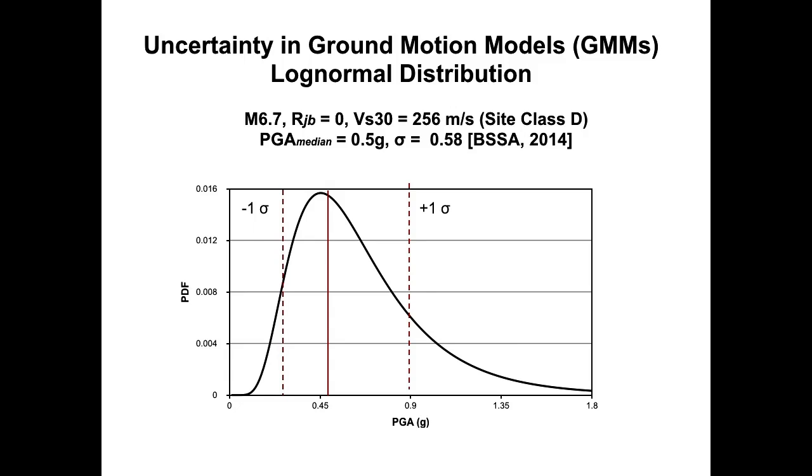Here we see, for a magnitude 6.7 earthquake, a distribution of PGAs, and it might have a mean value of about 0.46 or 0.47 g, and then plus or minus 1 sigma takes us down to about 0.3 g and up to about 0.9 g. So this is quite a wide range of uncertainty. This is plotted for site class D.